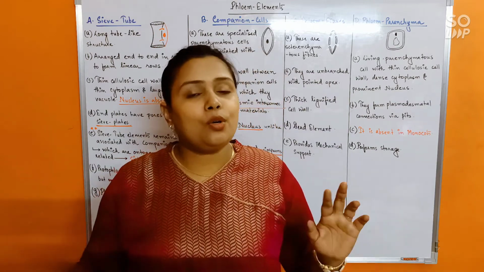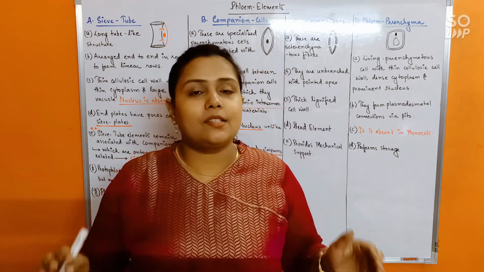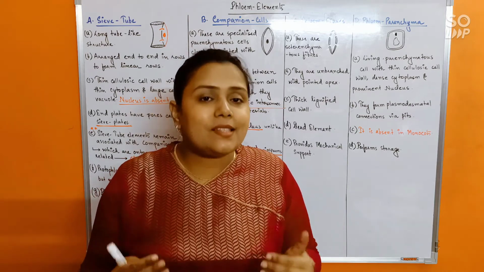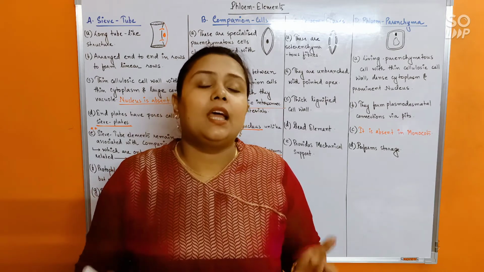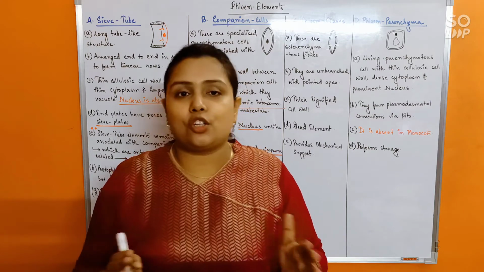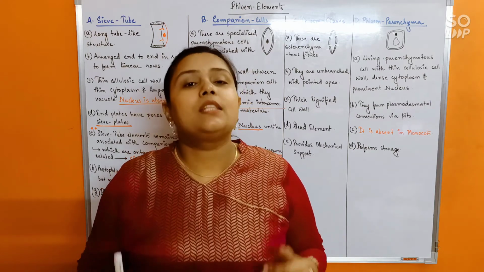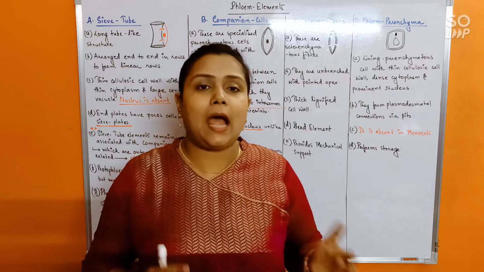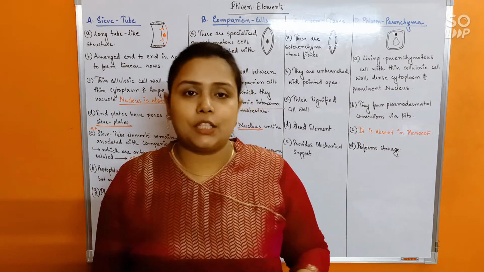So this pressure gradient is created and controlled by the companion cells, and by sensing the pressure difference, the sieve tube decides its direction of movement. How exactly this high pressure and low pressure happens, you will learn in the transport chapter.